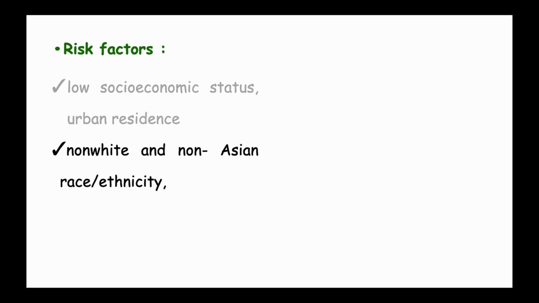Now, non-white and also non-Asian race ethnicity is also at high risk of developing gonorrhea. Basically, the explanation for this has got to do with stress and other factors which are not well explained.